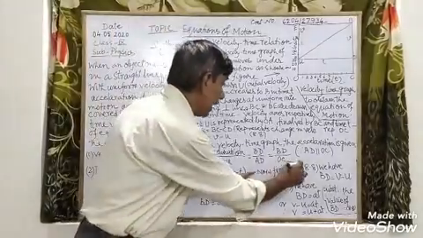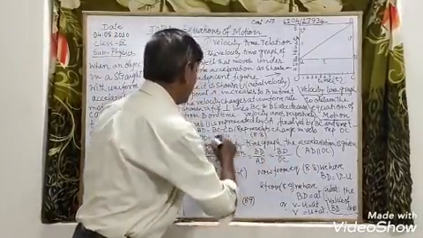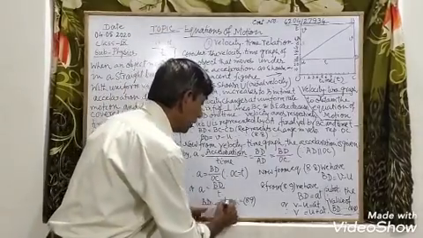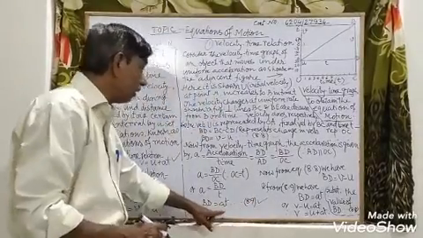Now from equation 8.8, BD is equal to V minus U, and from equation 8.9, BD is equal to AT.